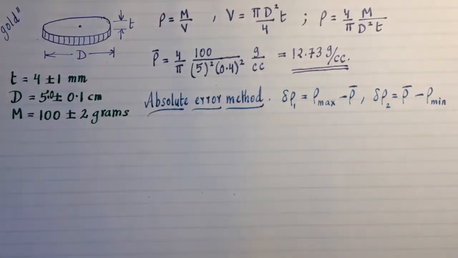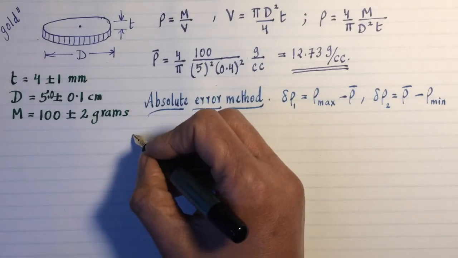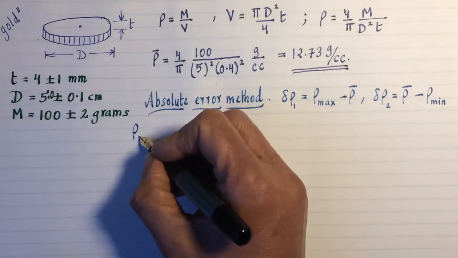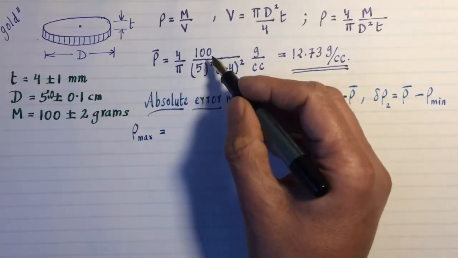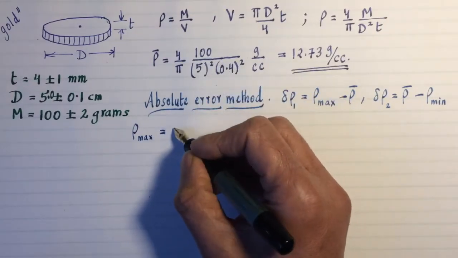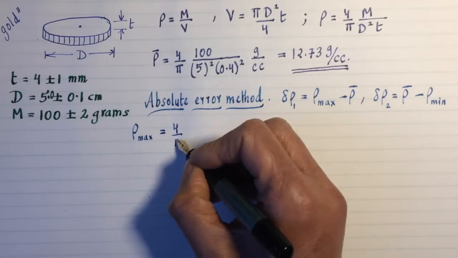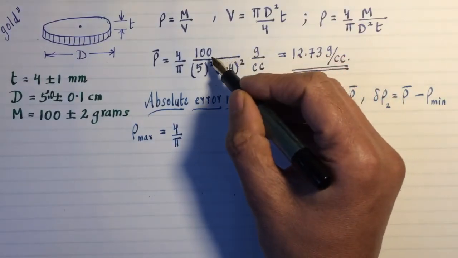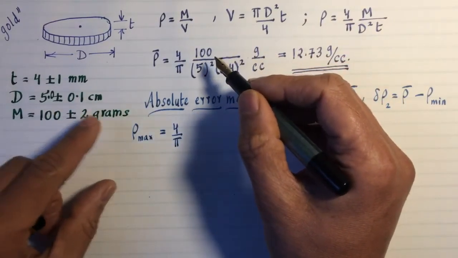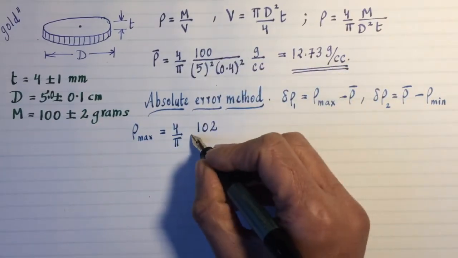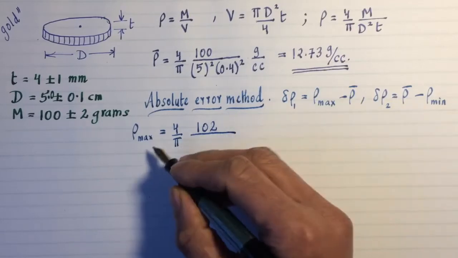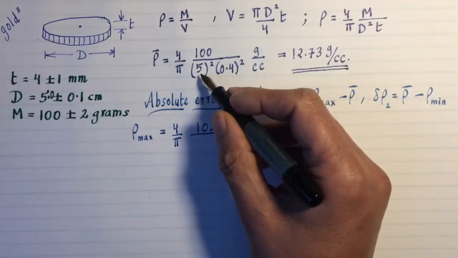So first of all, what is rho max? Rho max is what you get if you put the maximum value for each of these things. So that's going to be 4 over pi. In the numerator, instead of putting 100, I'm going to put 100 plus 2, 102. Rho max, the maximum value of rho, is got by minimizing the denominator.